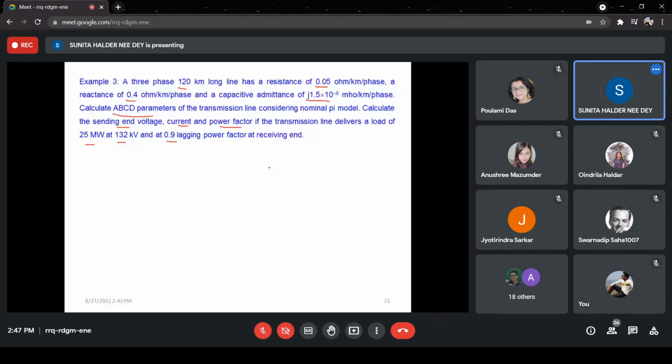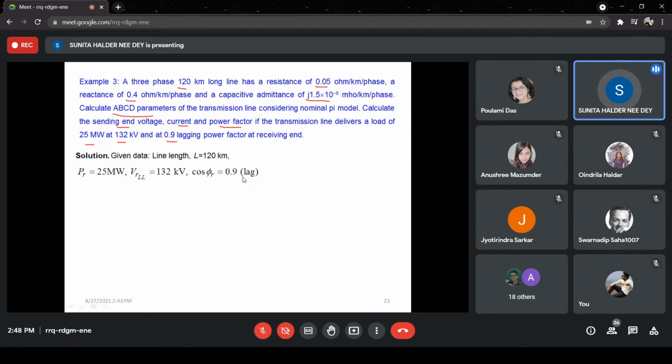You see, that means the receiving end quantities are given. So from the given data, line length is 120 kilometers, PR is 25 megawatt, line-to-line voltage at the receiving end is 132 kV and cos phi is 0.9 lagging.